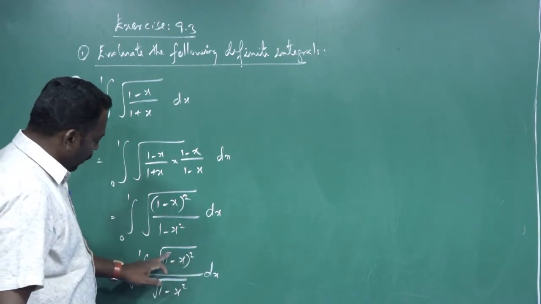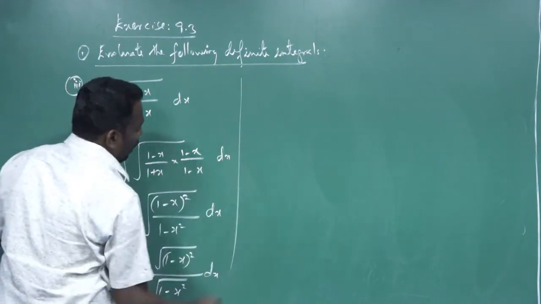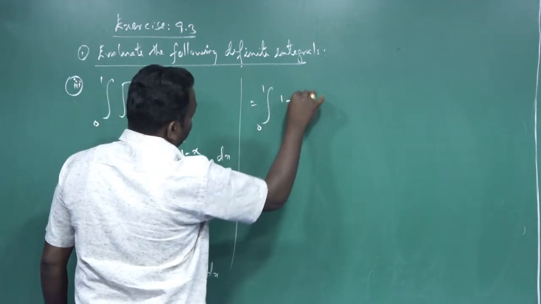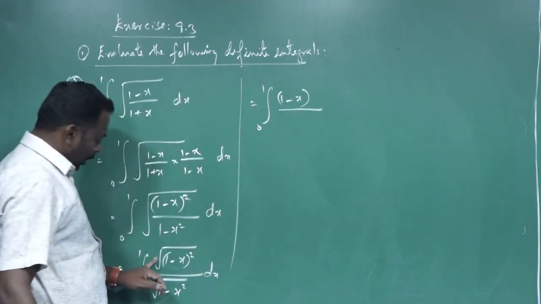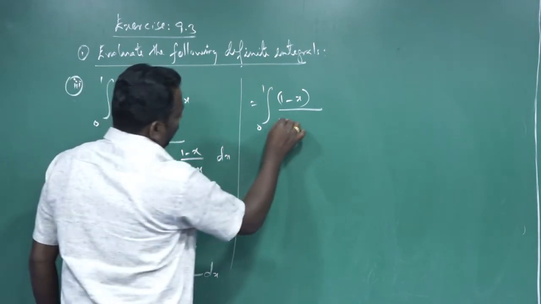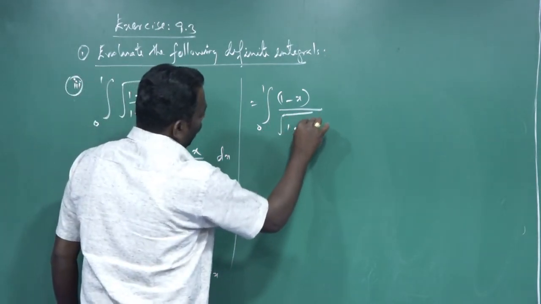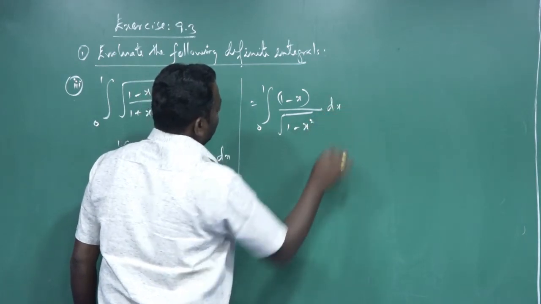Now the square and square root both cancel. Therefore, it is equal to the integral from 0 to 1 of (1 minus x) in the numerator remaining, because the square root and square are cancelled, but the square root in the denominator stays as the square root of 1 minus x squared into dx.